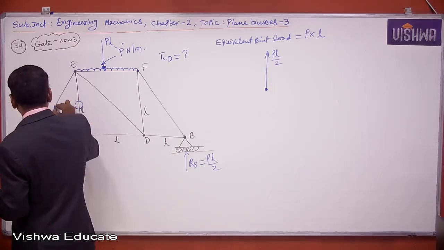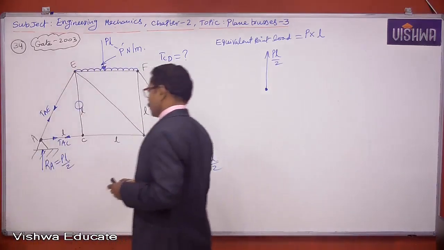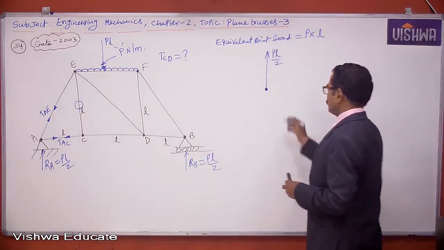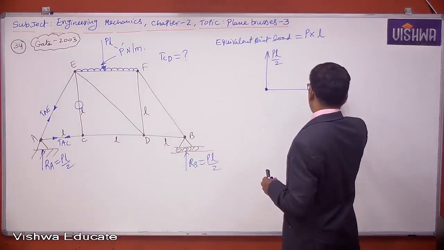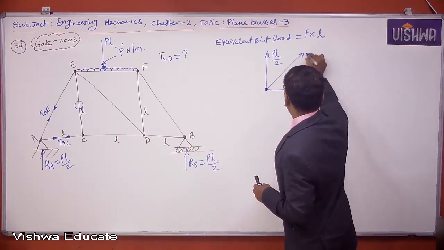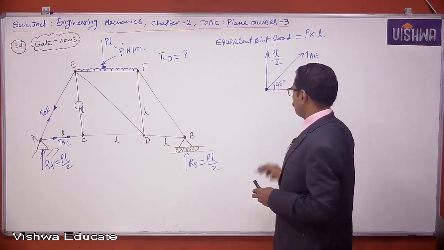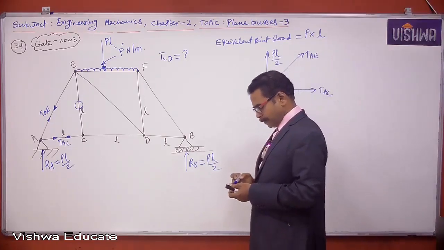And I assume TAE is also tension. With respect to joint A, TAC is rightward, and TAE is upward, and obviously this is 45 degrees and this is joint A.